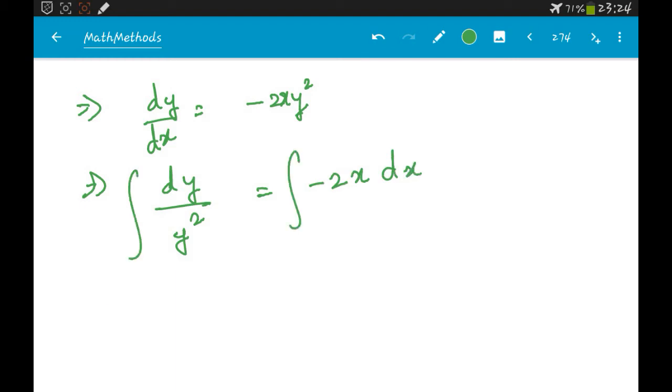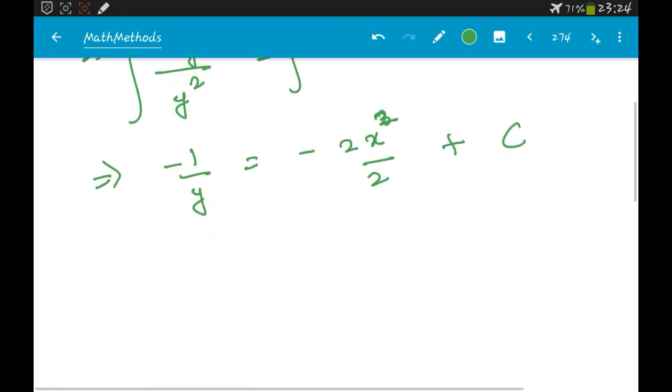And now we can integrate it. So we'll get minus 1 by y is equal to minus 2x square by 2 plus c.